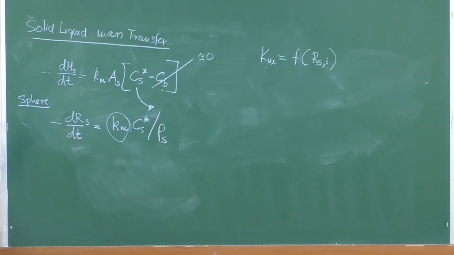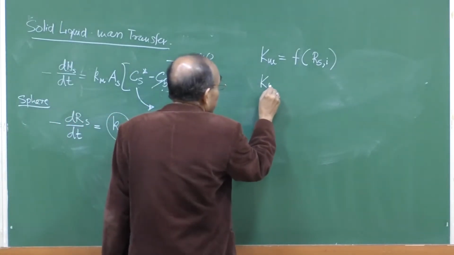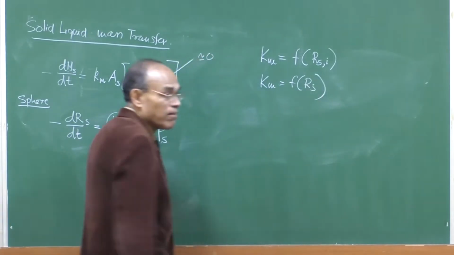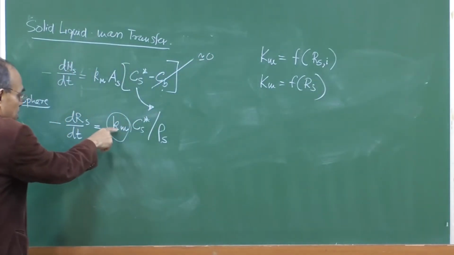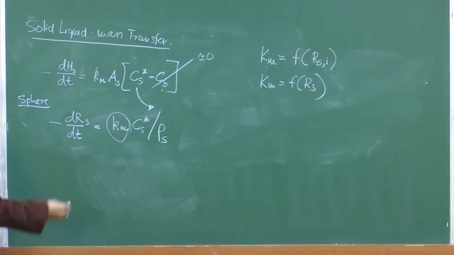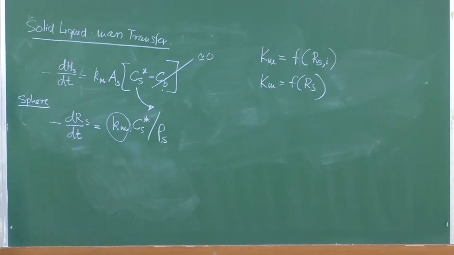You will get R versus t as a linear line. On the other hand, if you say that Km is a function of instantaneous radius, in that case this is a function of Rs. So, this becomes a non-linear equation now, and therefore, you will see that the variation of radius with time is no more going to be linear. So, there are two possibilities, two ways the problem can be cast.